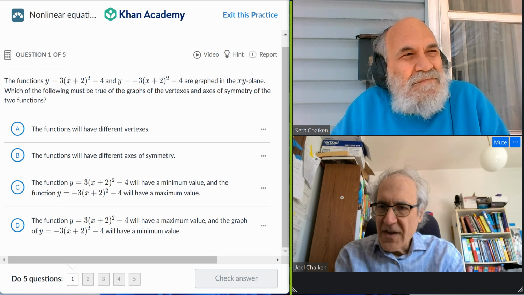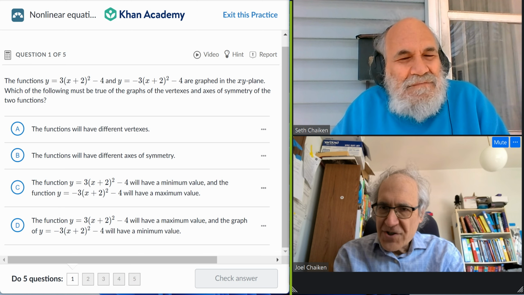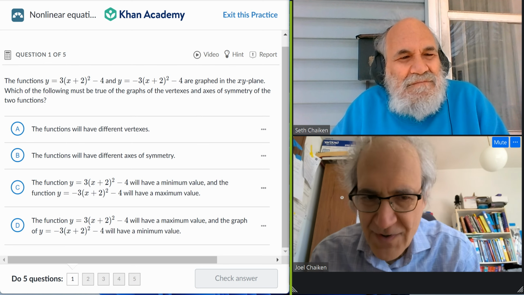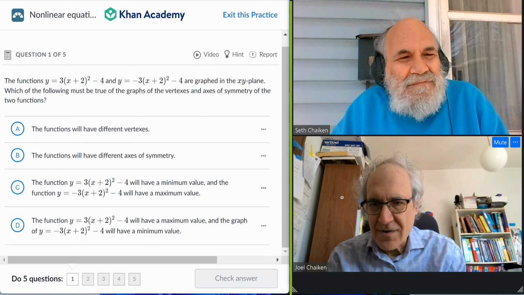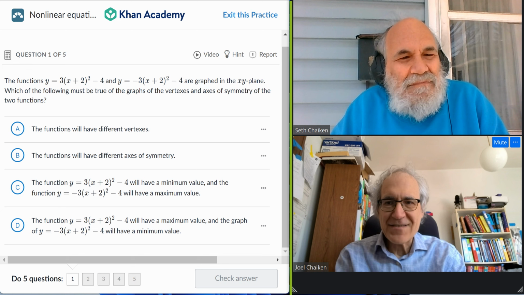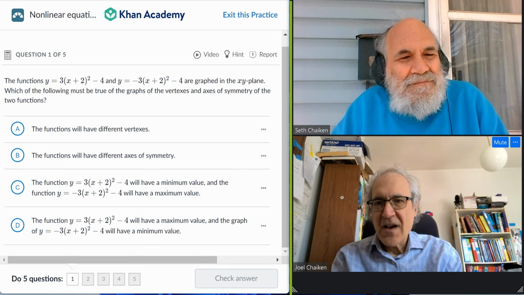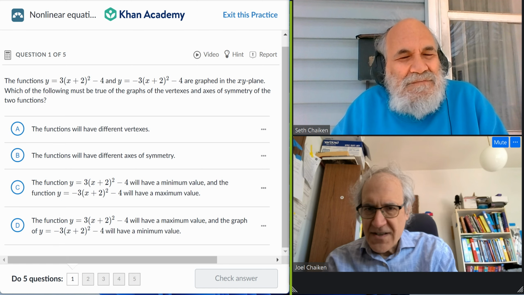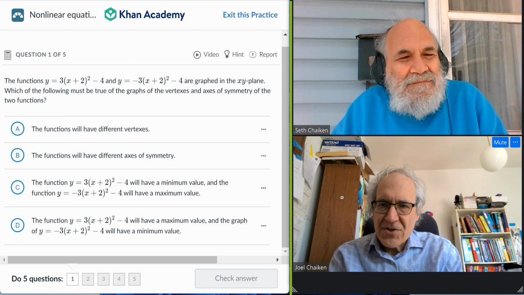Okay. So we have two functions that look like parabolas, up and down parabolas, graphed in the xy plane. Which of the following must be true? The emphasis is on the words must be true of the graphs, of the vertices and the axes of symmetry of the two functions. So we're focusing on the vertices and the axes of symmetry.